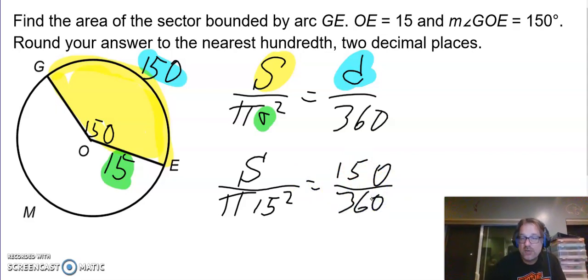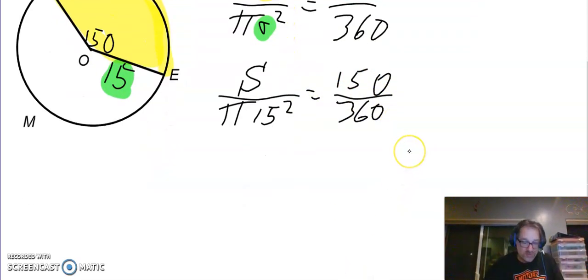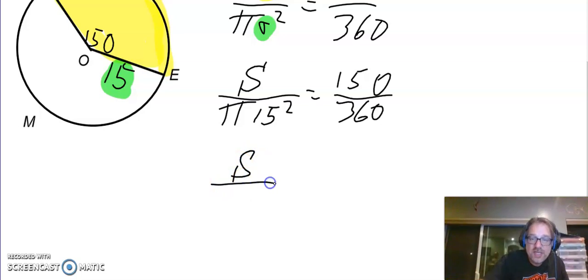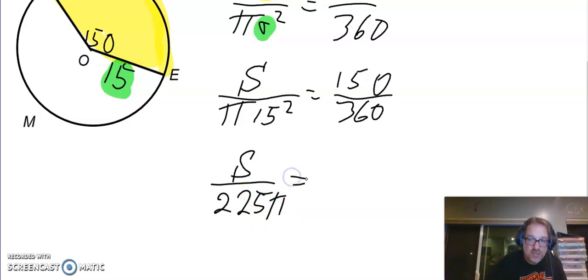I'm going to go ahead and simplify both of my fractions. 15 squared, I want to say that's 225. Hey, I was right. So the sector over 225 pi, I'm going to work with pi as long as I can, over 150 divided by 360, that gives me 5 over 12.